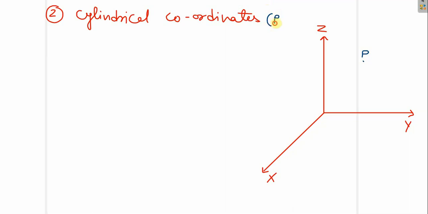The cylindrical coordinates were rho, phi, and z. Rho was the perpendicular distance of the point from the z-axis. Then we were taking the projection of it on the xy plane, and the angle made by that projection with the x-axis was your azimuthal angle phi, and this distance or height is the z. In this way the three coordinates in the cylindrical coordinate system were defined.